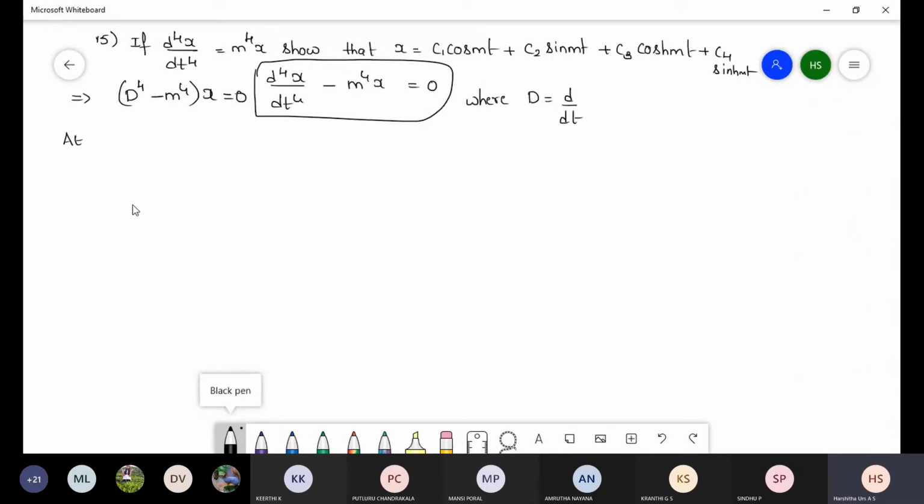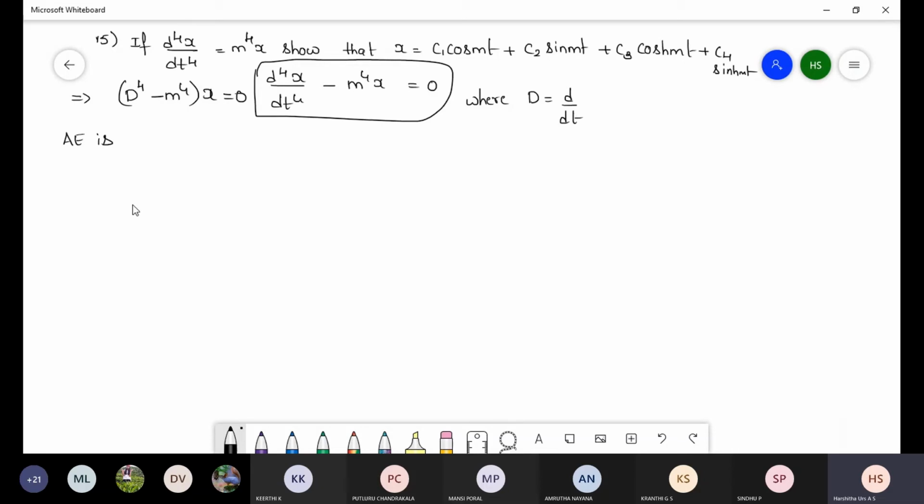Now auxiliary equation: till now we are substituting d as equal to m, but here they have given the term in terms of m power 4, in terms of m. So if you write d is equal to m, both terms will be the same.